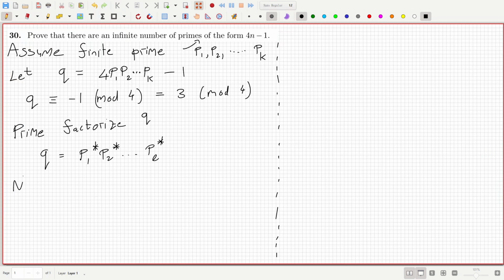And none of these primes are in the list of original primes, since none of them can divide q because of how we constructed q.